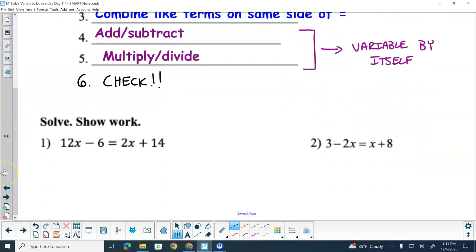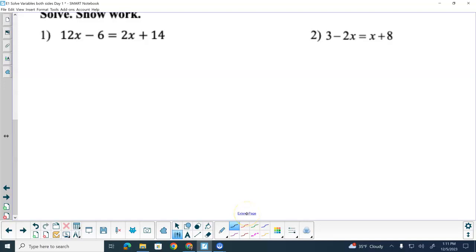So in number 1, what looks different in number 1? What do you got? Got 2 equations on each side. The V word. There's variables on both sides of our equal sign now. Back in Unit D, we only had a variable on one side of our equal sign.